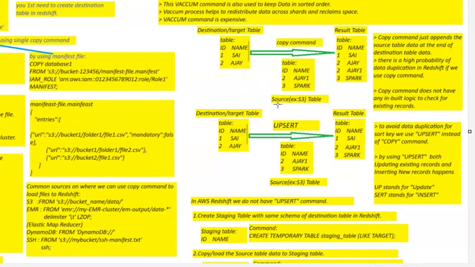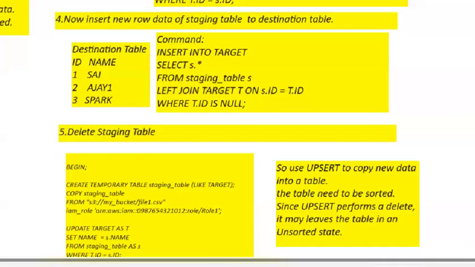Since upsert performs a delete, it may leave the table in an unsorted state as well. When a record is deleted from the Redshift table, it is only marked for deletion. It is not automatically removed.